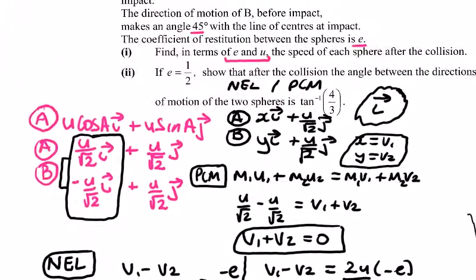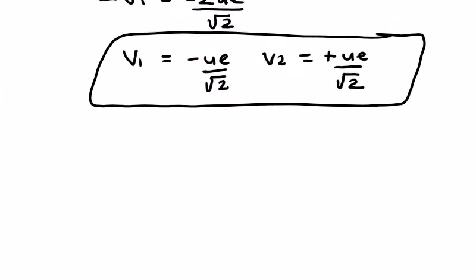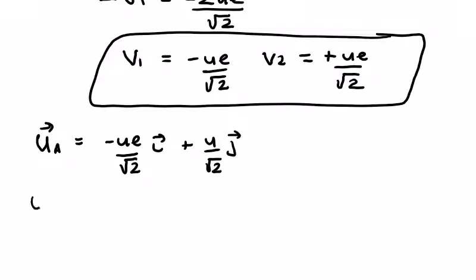So we have v1 and v2, so to get their speeds, we're after speeds, aren't we, after collision? The speed of each after collision. Let's write down A. We solve for I, so we have minus UE over root 2 in the I direction, and they were 45 degrees, it was U over root 2 in the J. That's the velocity of A after.